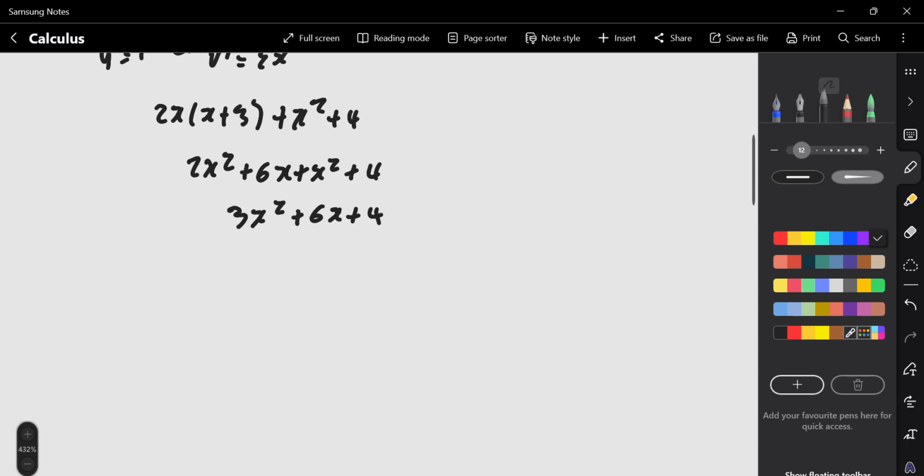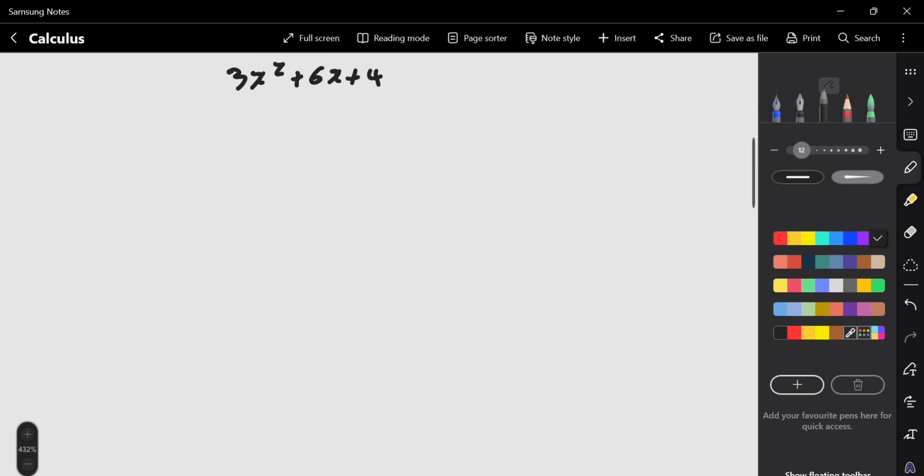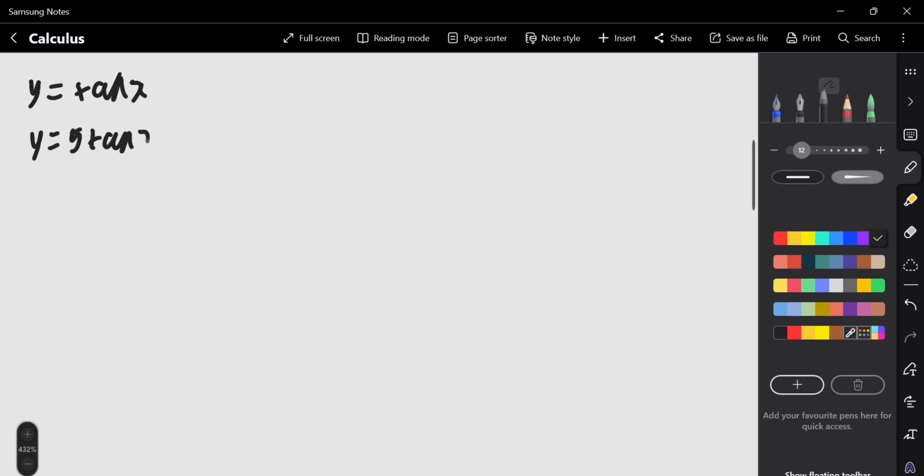One day. Anyway, let's go for some more trick differentiation. Let's introduce tan, and combine some of the methods we've used. Let's put up some questions for you to do, and you can do them whilst I go eat some lunch. Let's go y equals tan x. Let's go y equals 5 tan x. Let's go y equals sine x cos x.